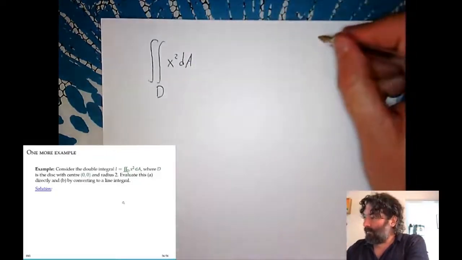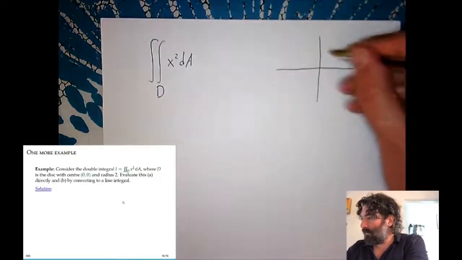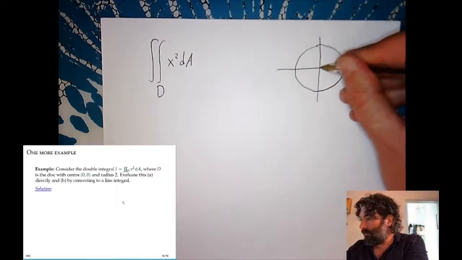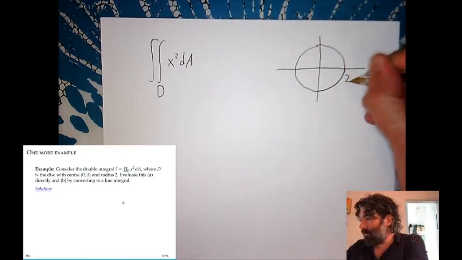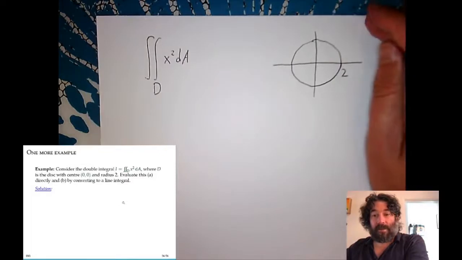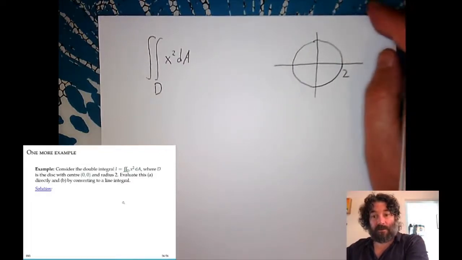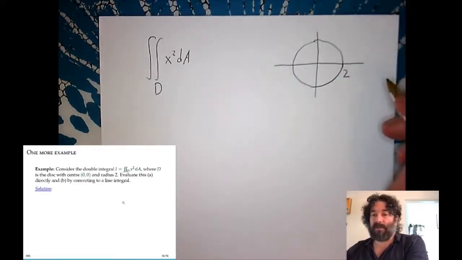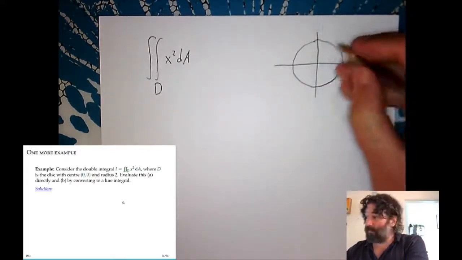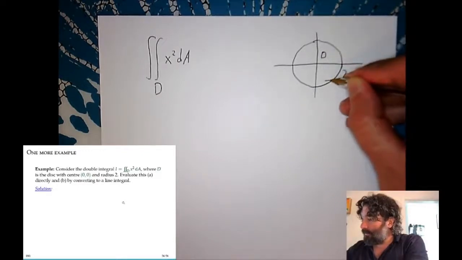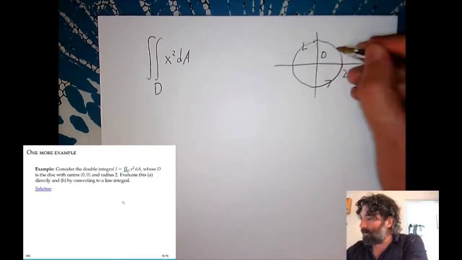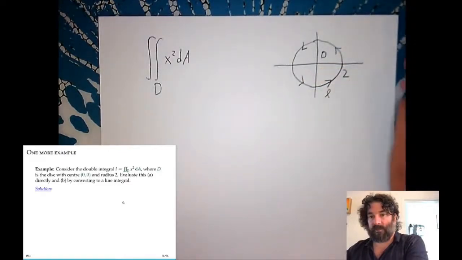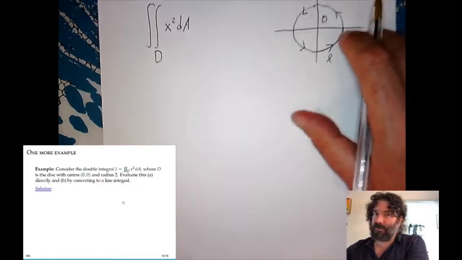All right, and so D is this disk centered at the origin of radius 2. And we're going to calculate this both by doing the double integral directly and also by using Green's theorem to convert it to a line integral around the boundary. So this is D, the disk, and we are eventually going to use the boundary in the anti-clockwise direction, which will be L. So let's first just calculate this double integral directly.